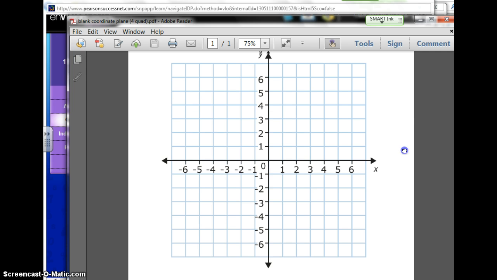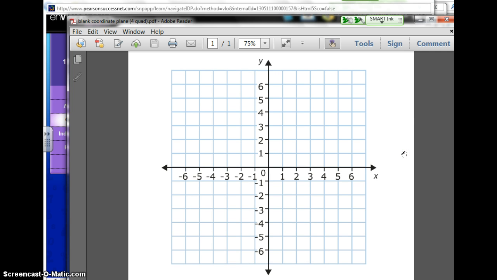Yours goes all the way up to 15. Starting at the origin, over 2, up 1.